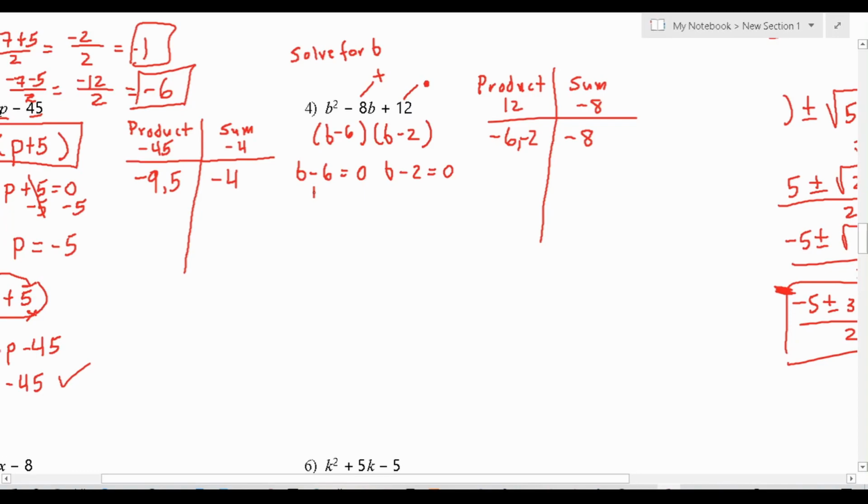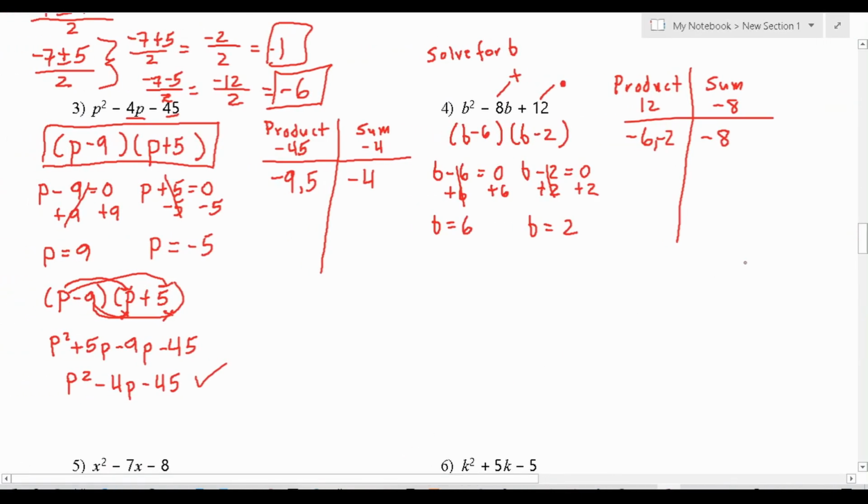To solve this one, we're going to add 6 to both sides. Negative 6 plus 6 crosses out, leaving you with b equals 6. And to solve this one, we're going to add 2 to both sides. Negative 2 plus 2 crosses out, leaving you with b equals, and that's a bad b, so let's rewrite it. B equals positive 2. Okay, so that one is solved.